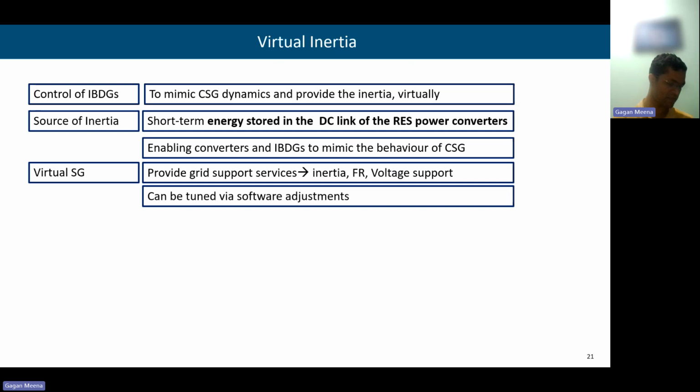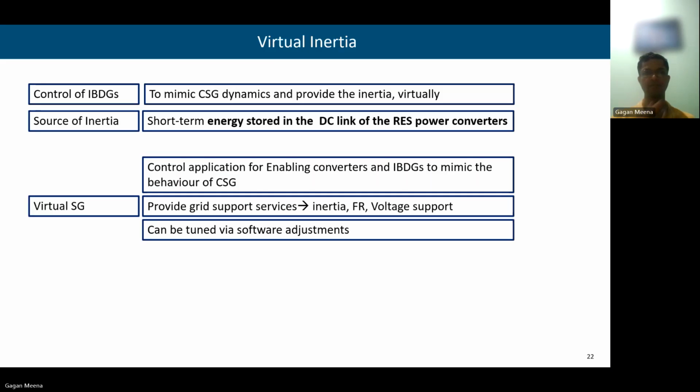And what is the virtual synchronous generator? If we enable the converters and IBDGs to mimic the behavior of a conventional generator, it is like a virtual synchronous generator. It is a control application for enabling converters and IBDGs to mimic the behavior of conventional synchronous generators.